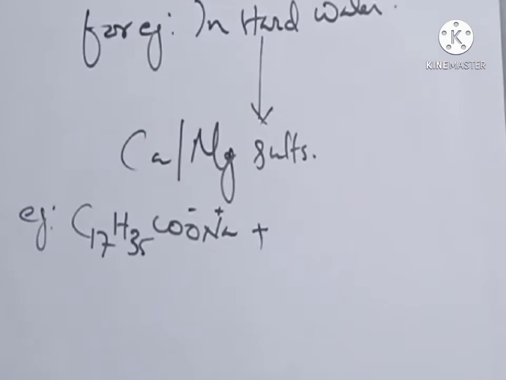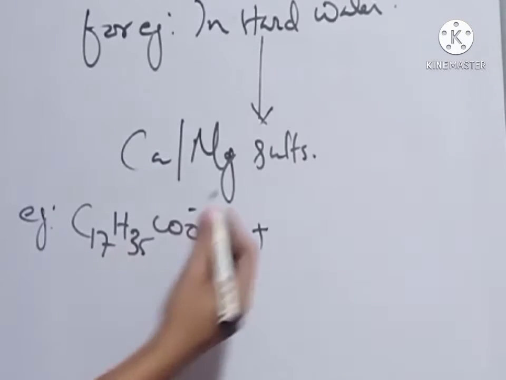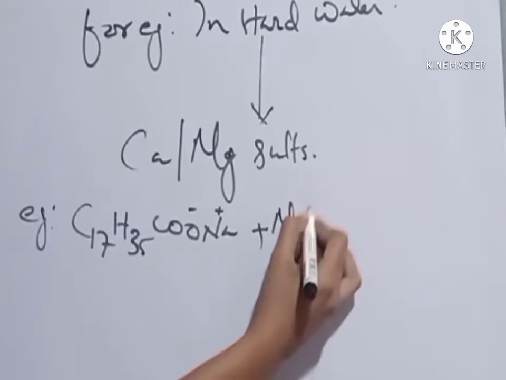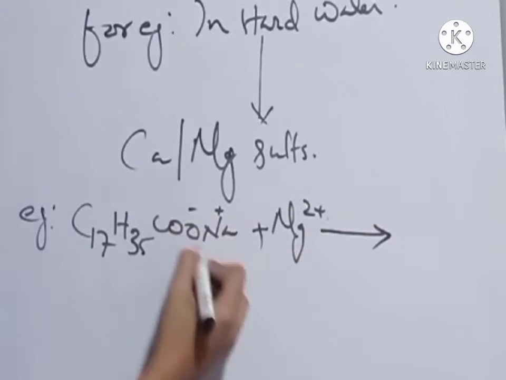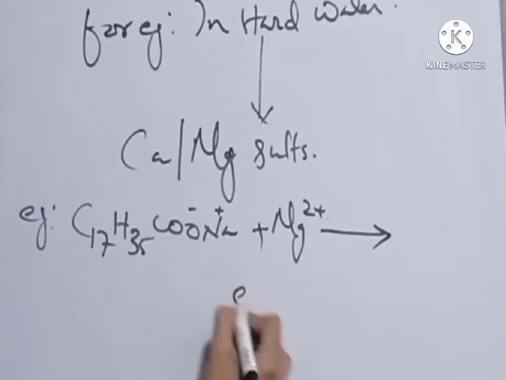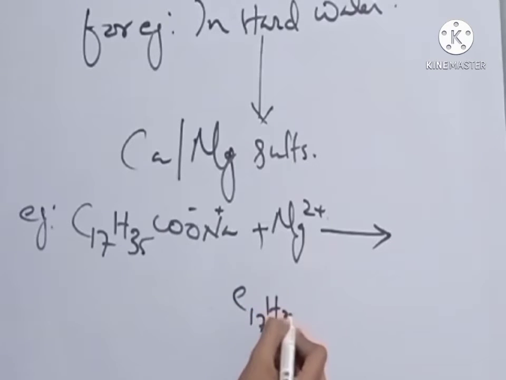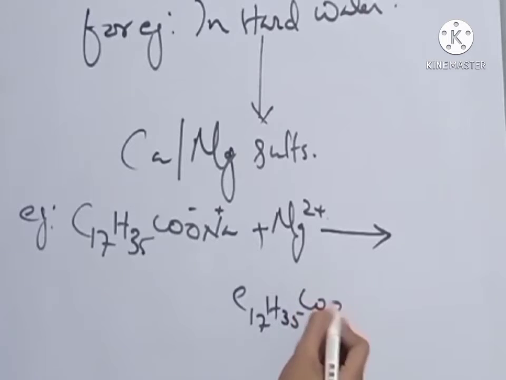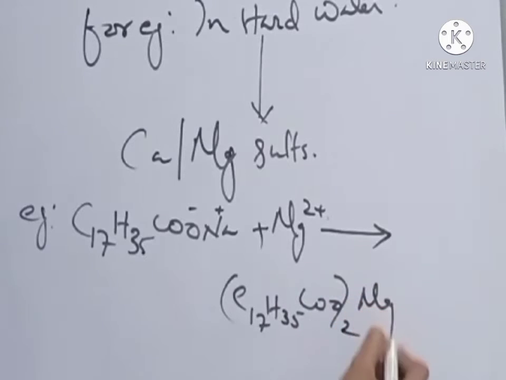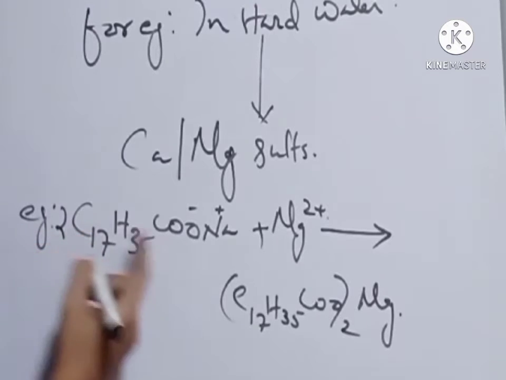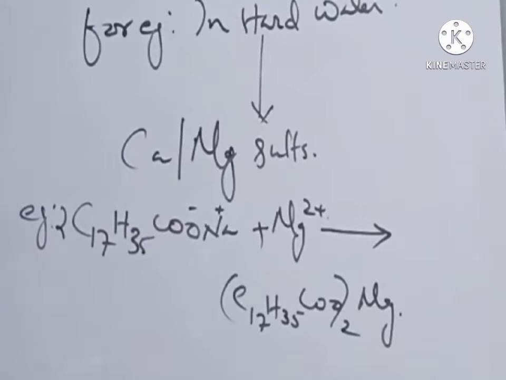When sodium stearate is applied to hard water containing magnesium ion, this magnesium ion replaces the sodium and forms C17H35COO. Here magnesium is a 2 plus bivalent ion, so we need 2 soap molecules.